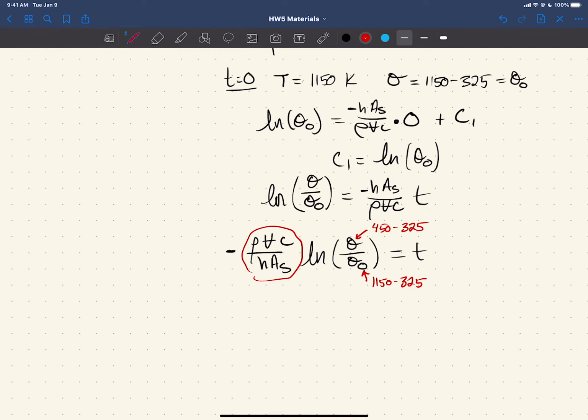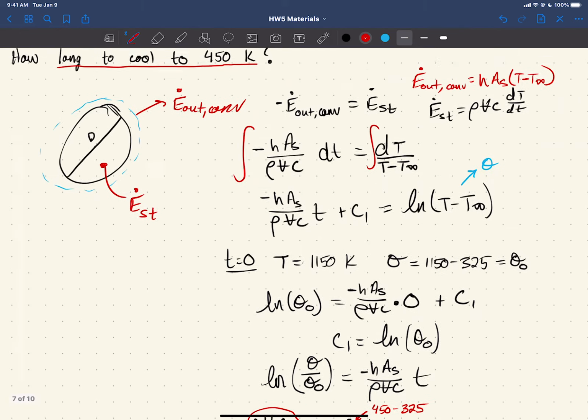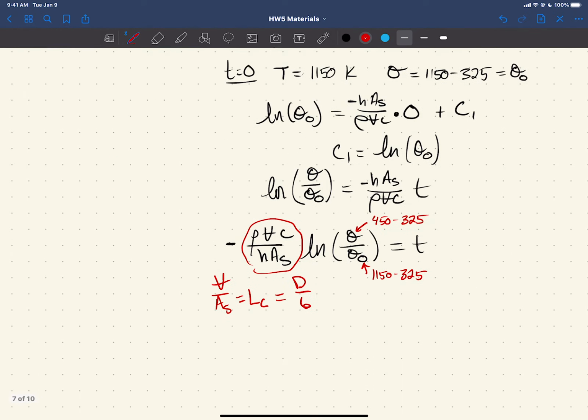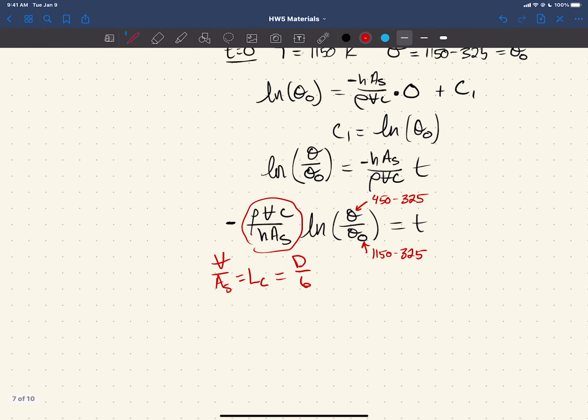Remember, here's that situation where instead of typing in your calculator the volume and the surface area, you could just say this is going to be Lc, which is D over 6 or R over 3. I'm pretty sure we're given the diameter of the balls, so it's less work if you just do D over 6.